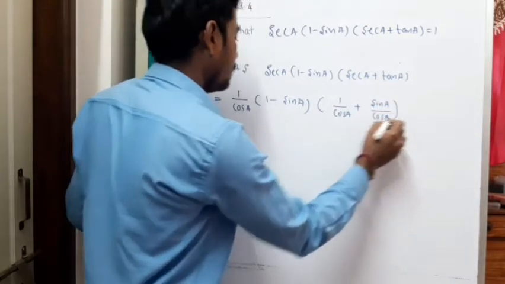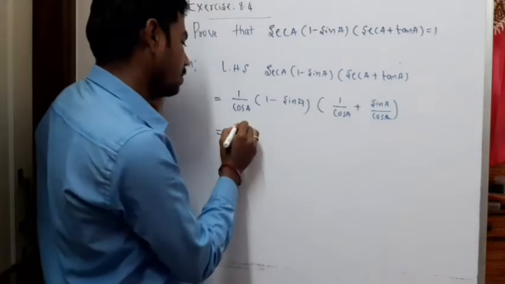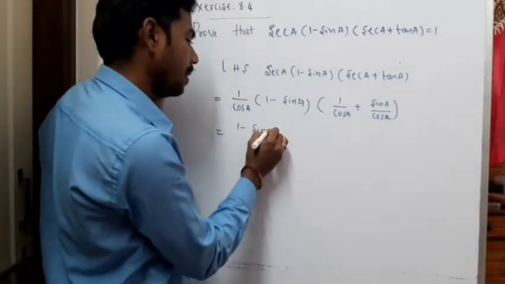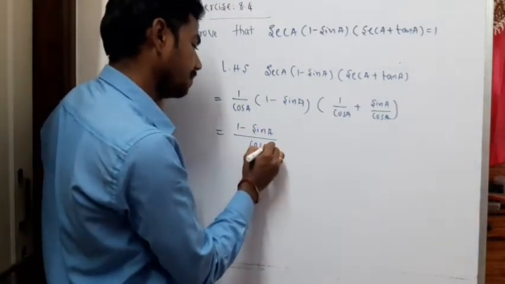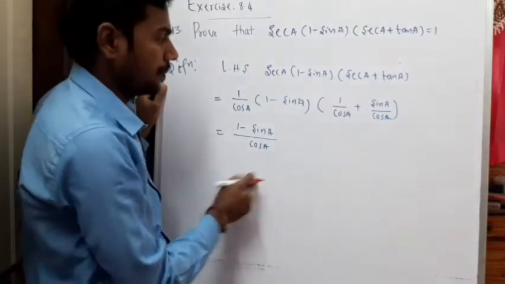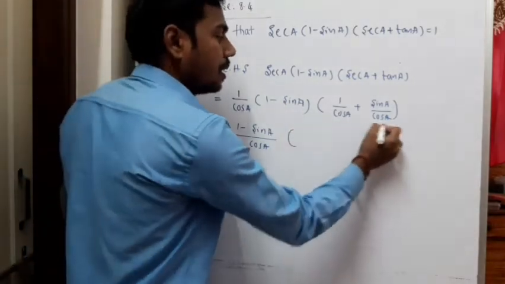Now this can be written as 1 minus sin A divided by cos A. What is common?